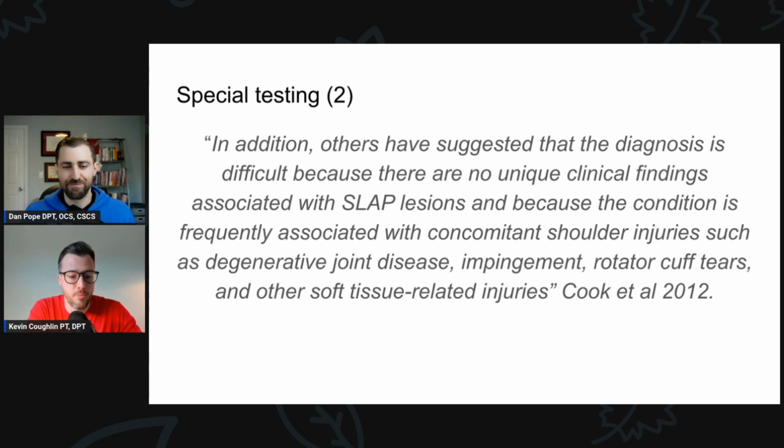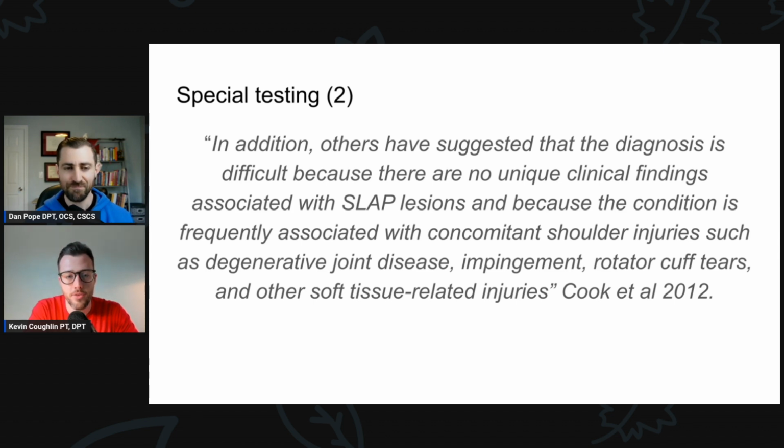So I think this speaks to something we've talked about, especially in the prior podcast, link in the show notes, that a lot of times with these SLAP tears, there are a lot of other things going on. So when we have a test that's trying to isolate a SLAP tear, that's going to be very challenging because we're probably going to get a lot of false positives, because a lot of other things could be at play.